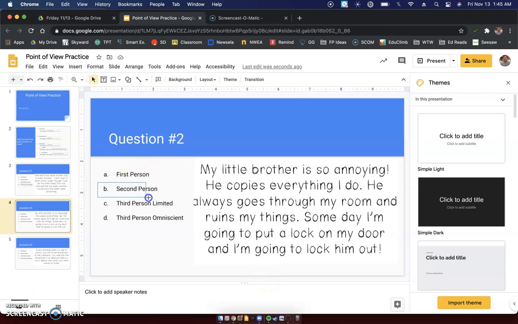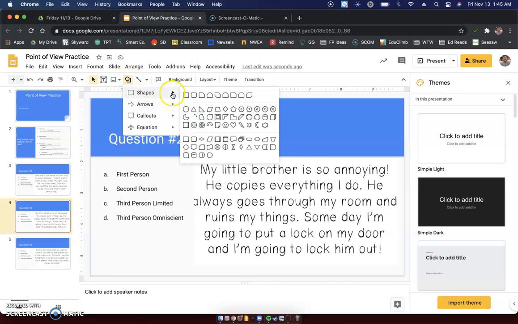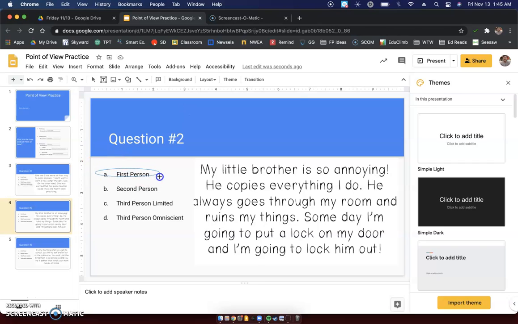Second person is the narrator speaking directly to you, telling you to do something. No, it's telling us about somebody. Is this third person? No, because the narrator is using these pronouns here, like my, I. They are telling you the story, and they're the main character. So that way we know this is first person.